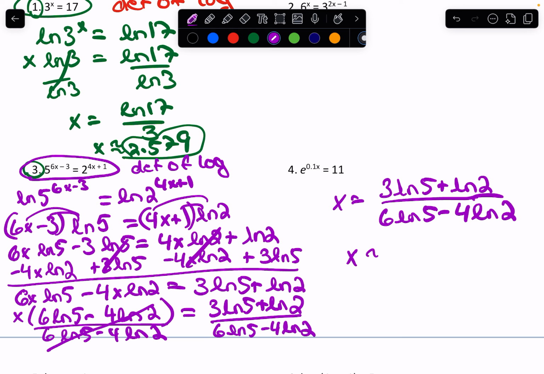We need to do that calculation. And actually, I realized that my key has a mistake, so I'm going to need a calculator to do this. Now, remember that when you're putting this in the calculator, you put parentheses here, even though we don't write them, just so that the calculator calculates it correctly.